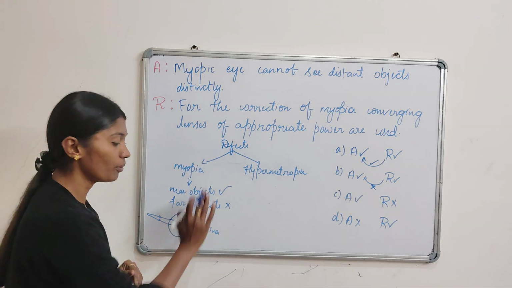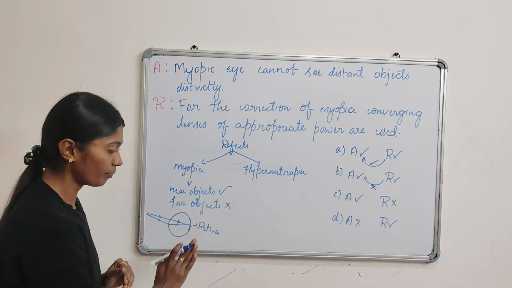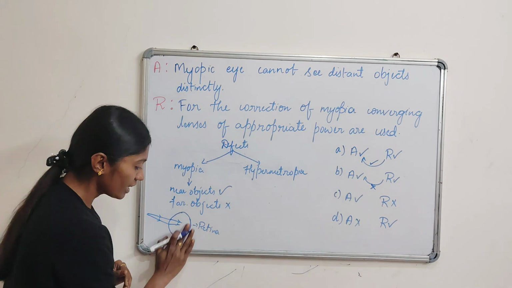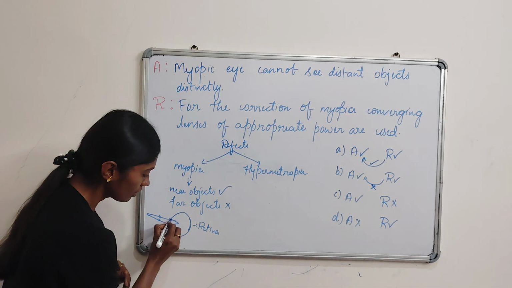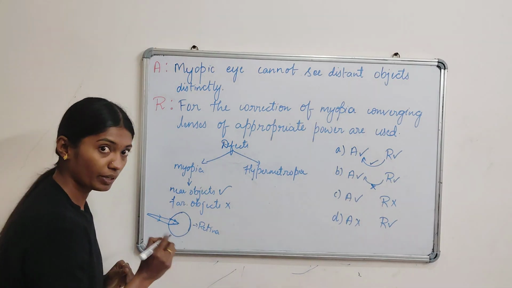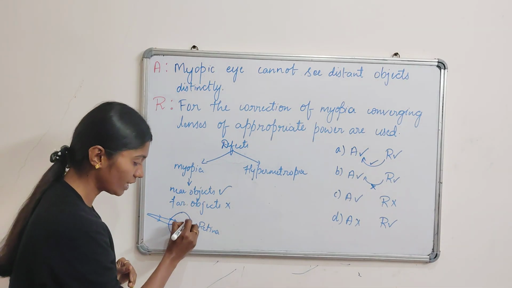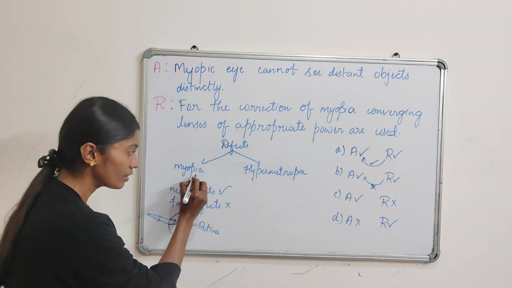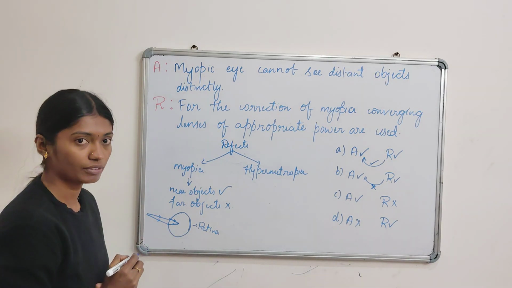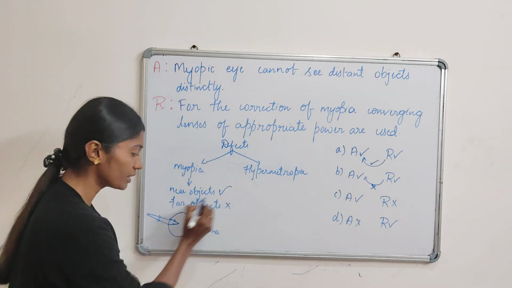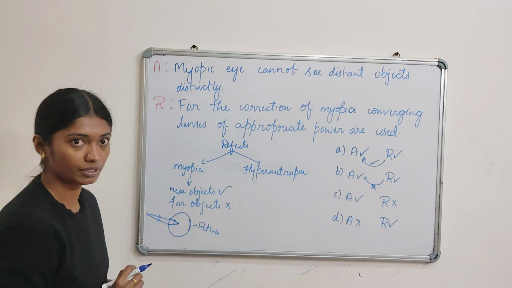Whereas in the myopia case, this does not happen. The intersection of the rays happens in front of the retina, so he can see near objects but cannot see far objects.